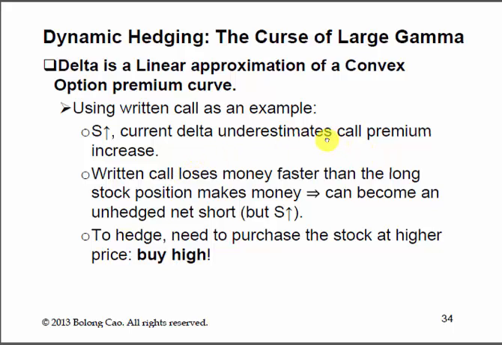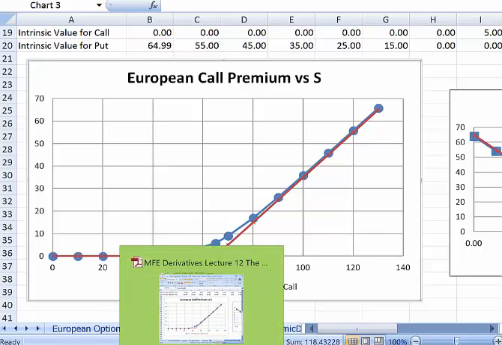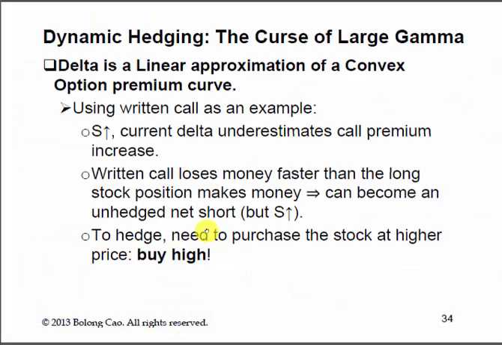The underlying price goes up, the call premium goes up, but the approximation does not go up as much. It basically means on the asset side, the underlying went up, but the call premium increased even more.